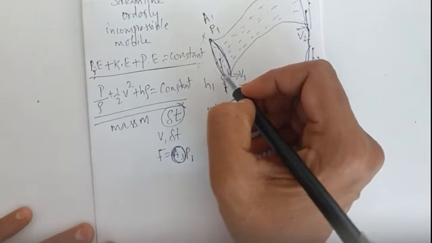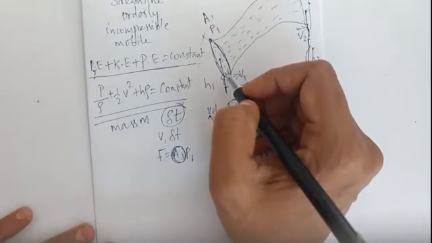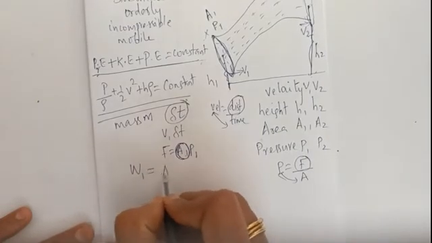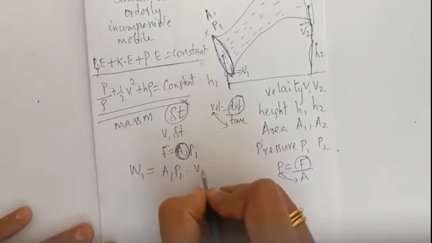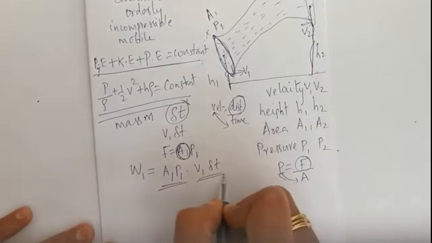Now we know that work done is equal to force into displacement, so W1 is equal to A1 P1 into v1 delta t. This is the force and this is the displacement.